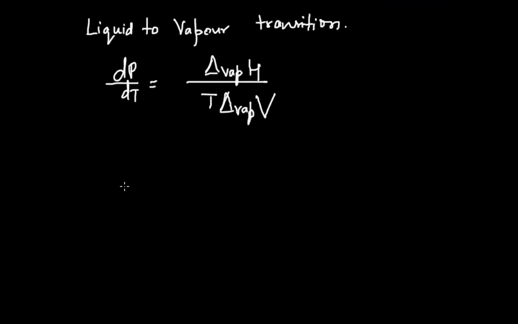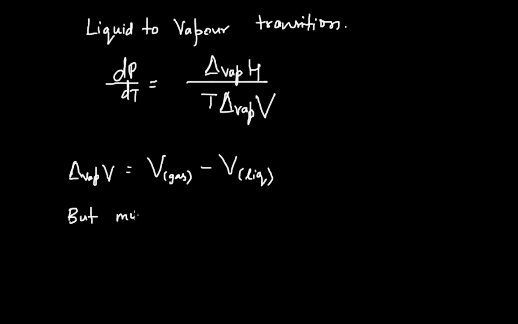Now, delta vaporization V is the volume of gas finally minus the volume of the liquid. But the molar volume of gas is so much greater than the molar volume of liquid.